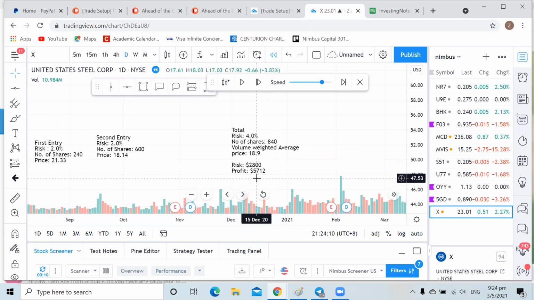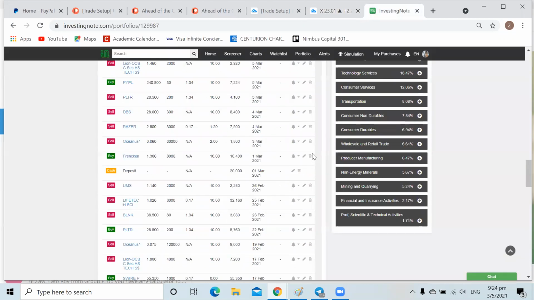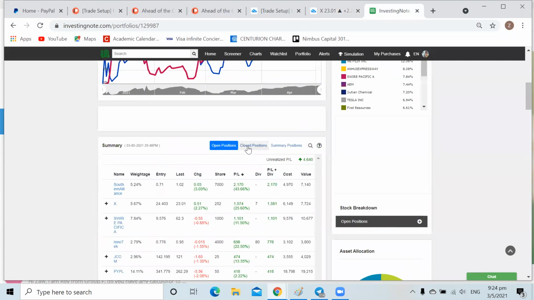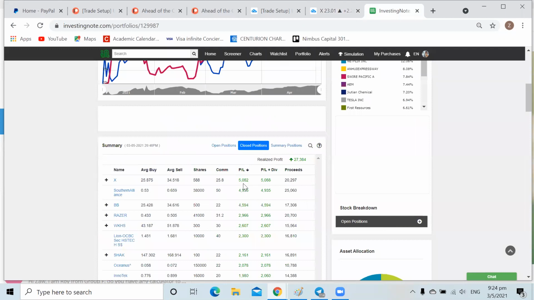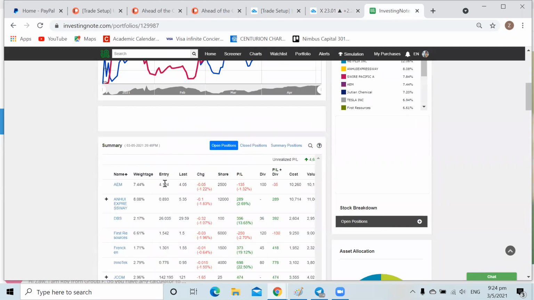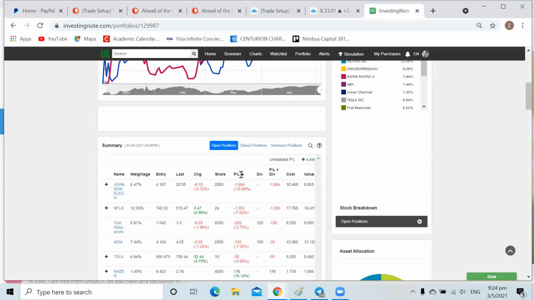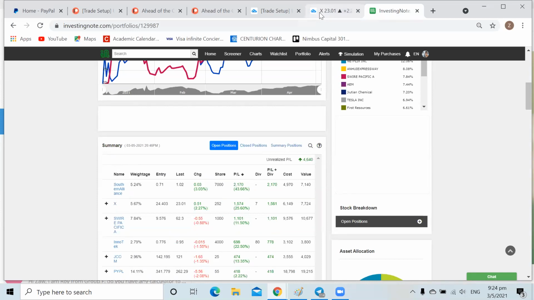So the risk reward ratio is actually about two. But of course, if you see my closed position, my profit is only around $5,000 there because I still have a bit of open position right here.